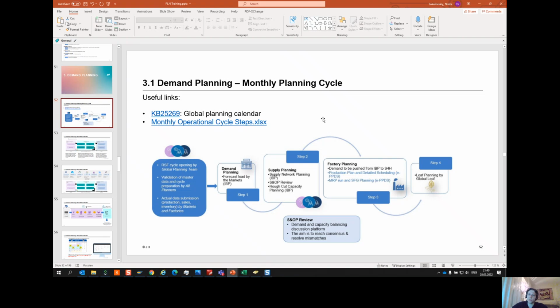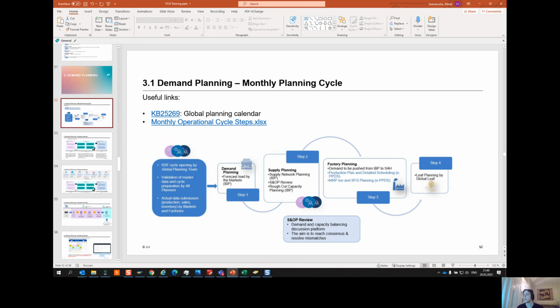And here I would like to mention two main links. They are for the global planning calendar. So let me explain what it is. The planning cycle in our company, as in many other companies, as far as I know, is counted in months.